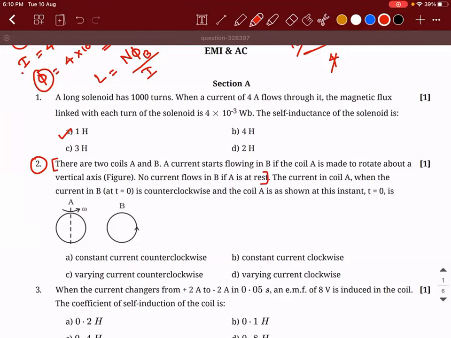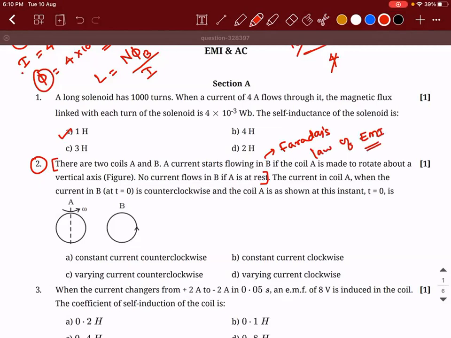Try to read it and understand the question. This is Faraday's law of EMI. Okay.